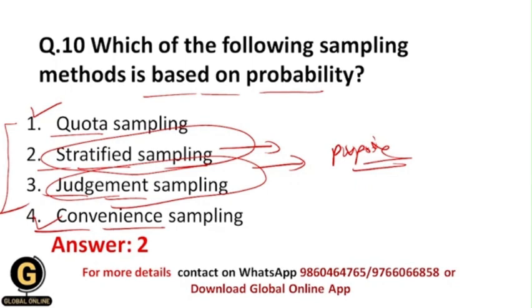In some cases the researcher wants more secure or sensitive information, and that's why the researcher purposively wants only those participants who will provide that sensitive information, right? That's why it is called the judgment or purposive sampling technique, which is again a non-probability sampling technique, and that's why your correct answer here should be 2.